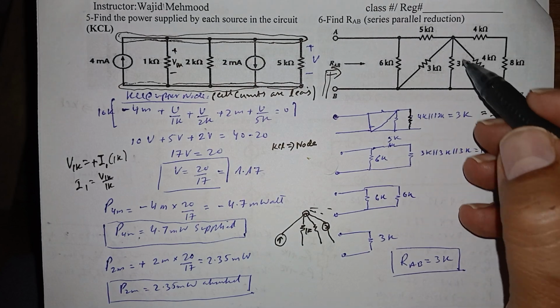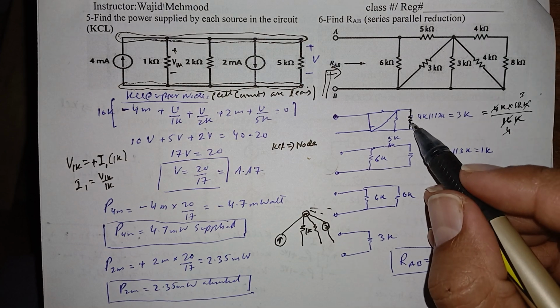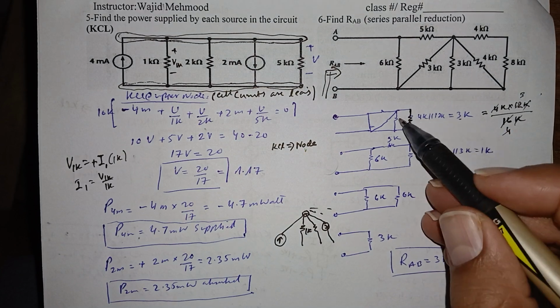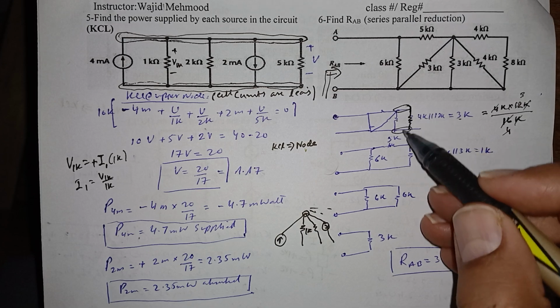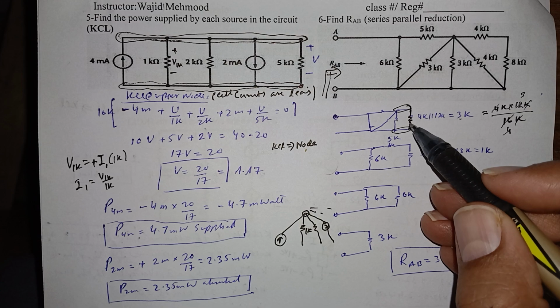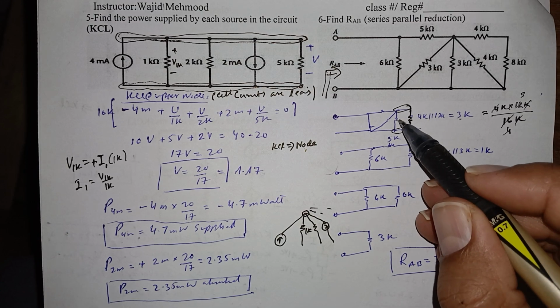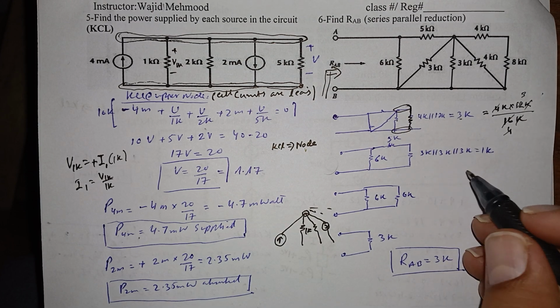So we have replaced this circuit by a 3K resistor, and this 3K is in parallel with 3K because this is the same node pair. When you reduce between the same node pair, you can reduce this loop here. So 3K parallel with 3K is actually half of that, because the product divided by sum.